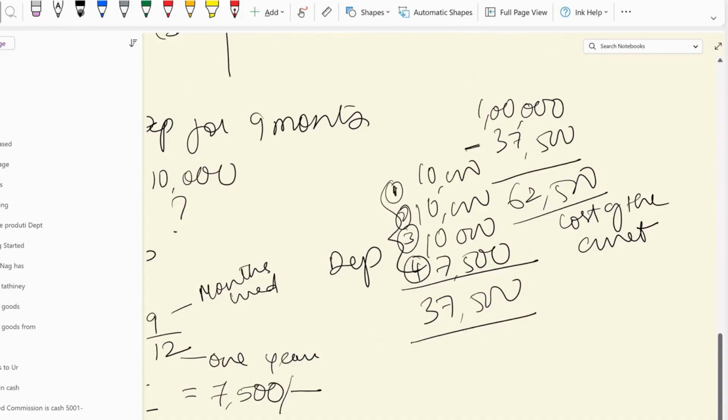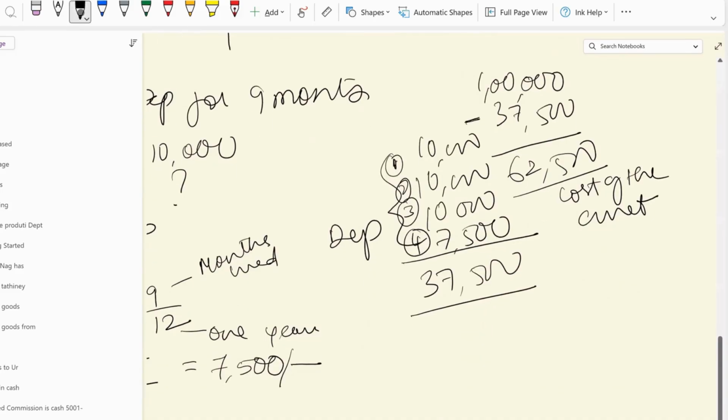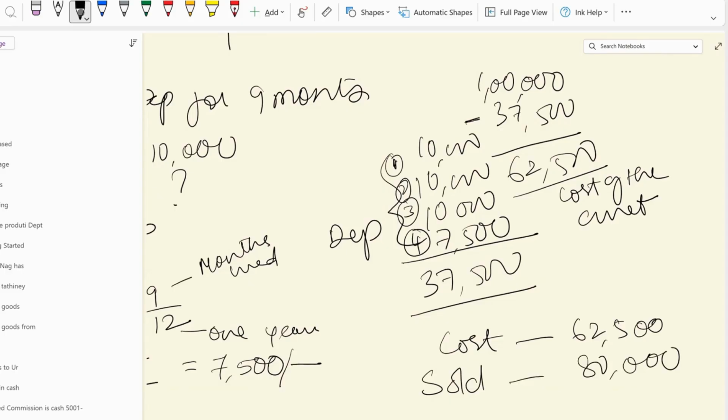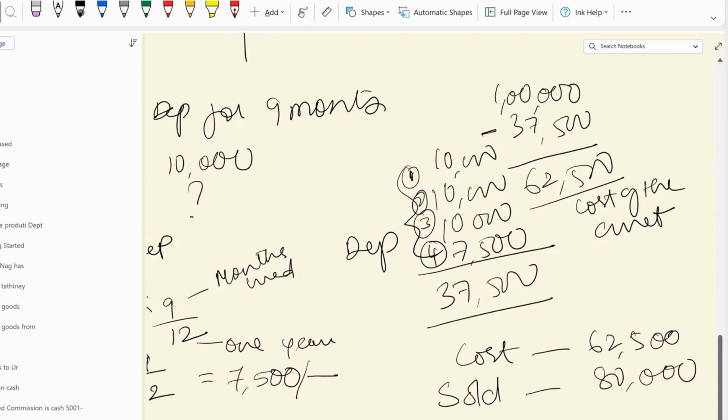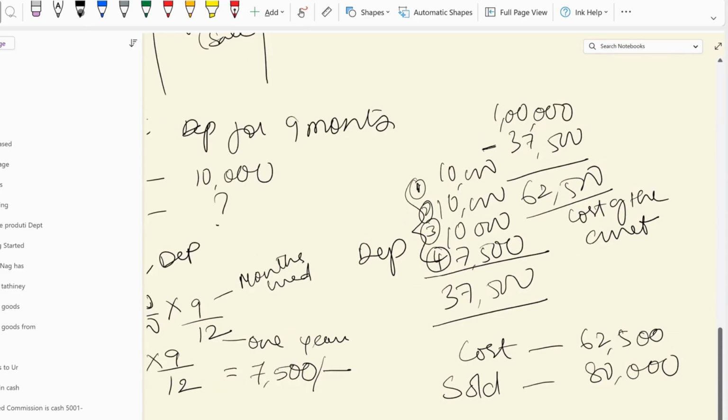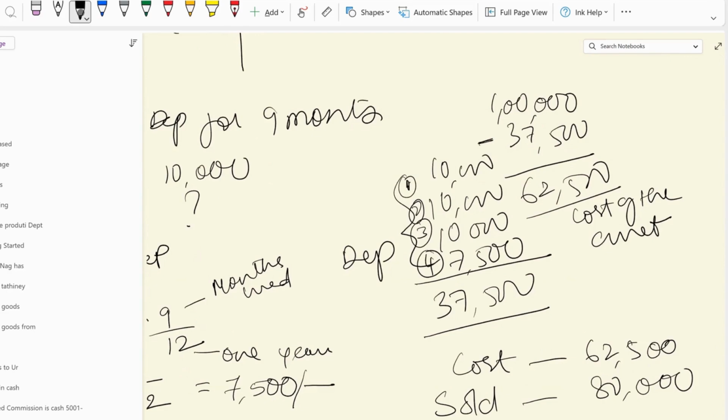Now, how much did we sell it for? After 4 years, the value is 62,500. But we sold it for 80,000. Did you get profit or loss? Cost is 1 lakh. Every year you are using 10,000, 10,000, 10,000, 7,500.